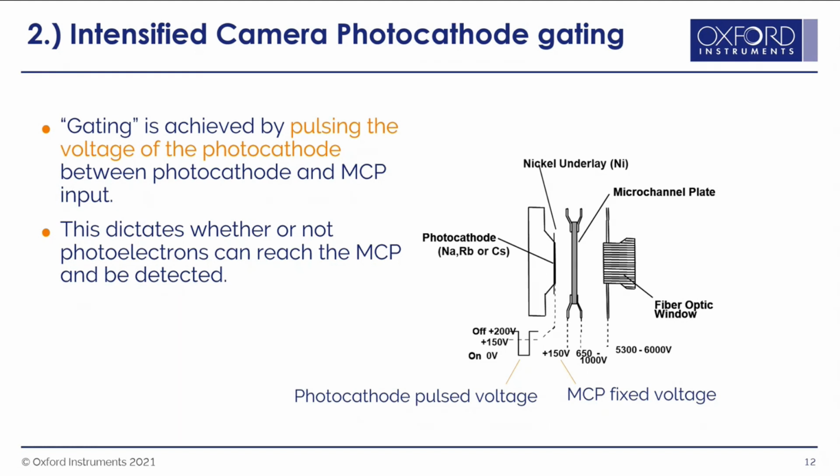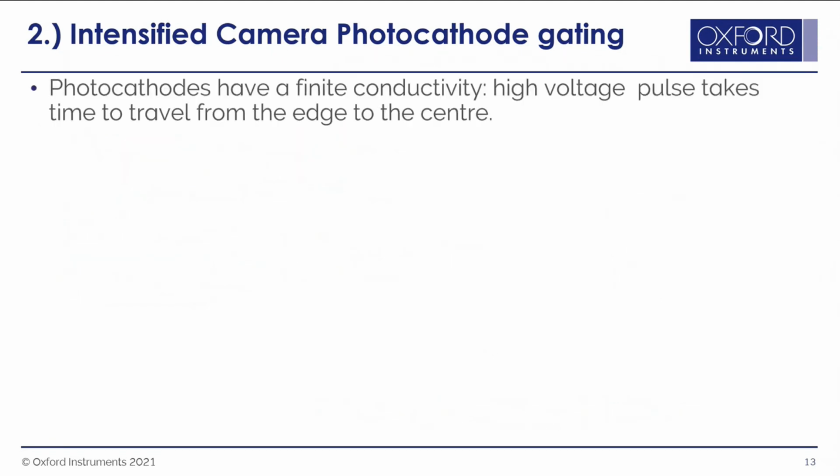If we put a voltage across it, this deflects these photoelectrons from getting to the microchannel plate. So we effectively can shutter our image using the photocathode through this pulse voltage, which is primarily why we're using them, so we can achieve this really fast time gating.